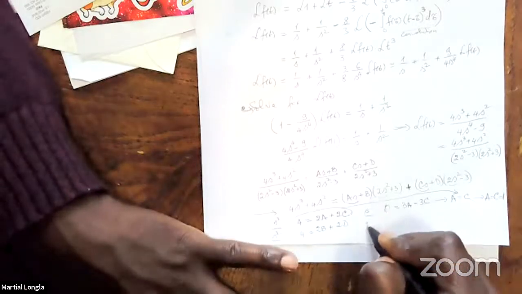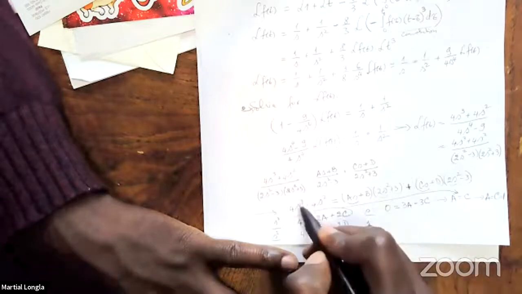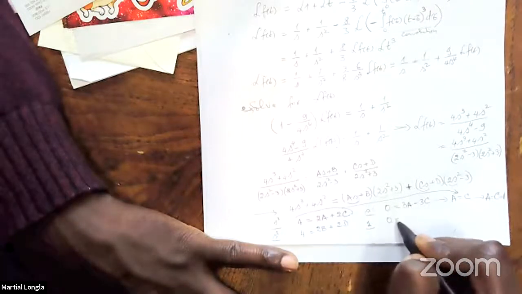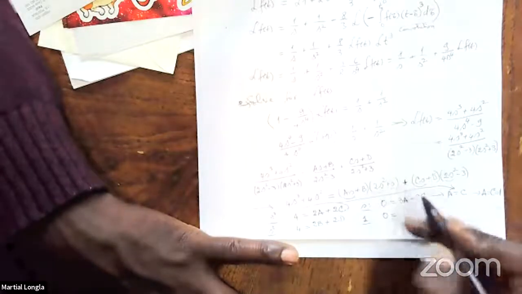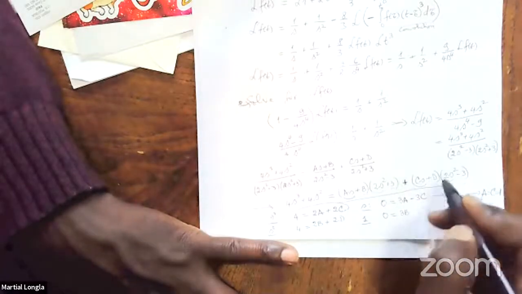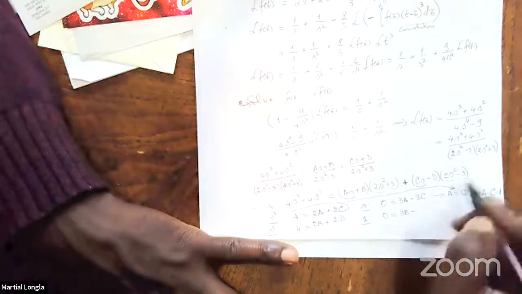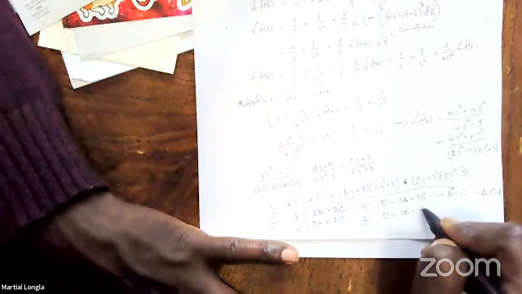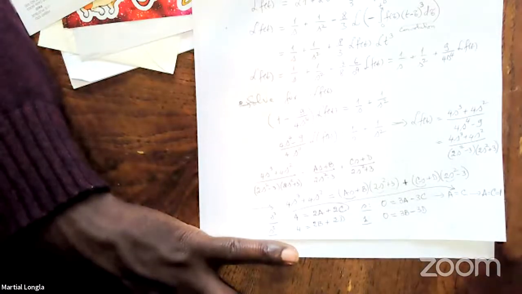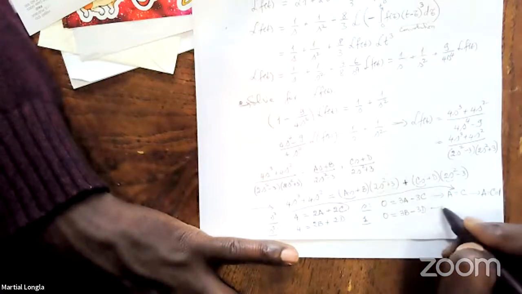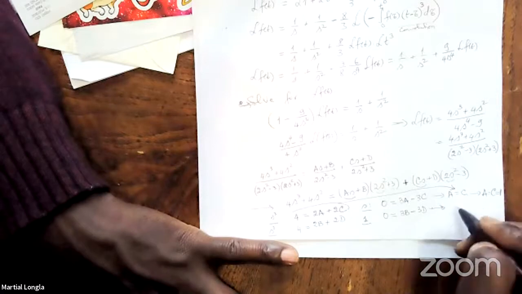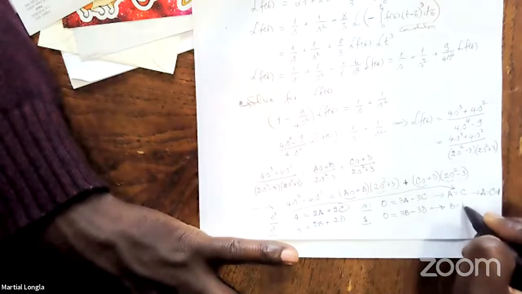And then I look for the constant. On the left, I have no constant, so 0. And on the right, to get the constant, I need to multiply b by 3, so that's 3b. Then I need to multiply minus 3 by d, minus 3d. And so here I get b equal d.